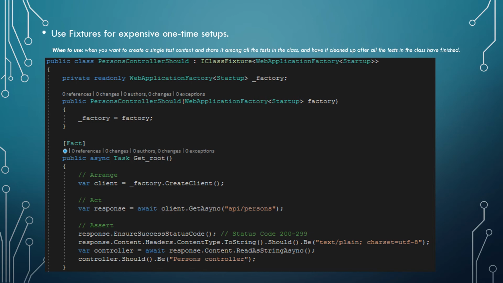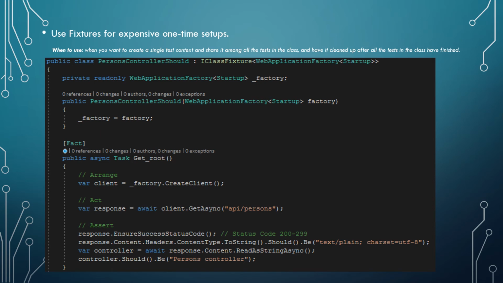In this example, I have the persons controller, and when we call the root of that controller, which is API/persons, it's just returning a text saying persons controller. In the future, it could actually hit some database and return the number of people or the actual people on the back end. So this is a use case for fixtures.